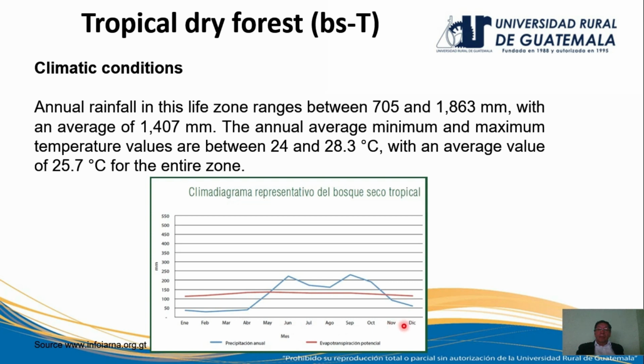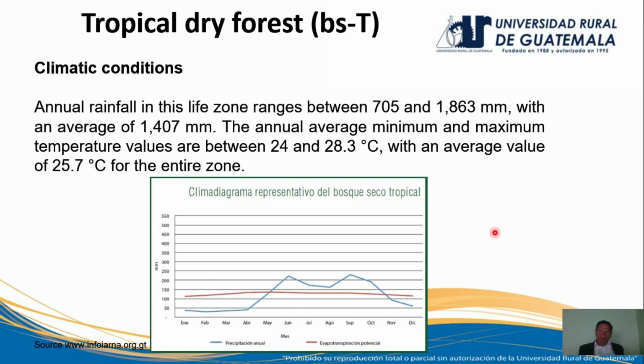The average value for the evapotranspiration, that is the red line here, is also about 100 millimeters per year. It means that this red line is the water that this region returns to the air as water vapor.